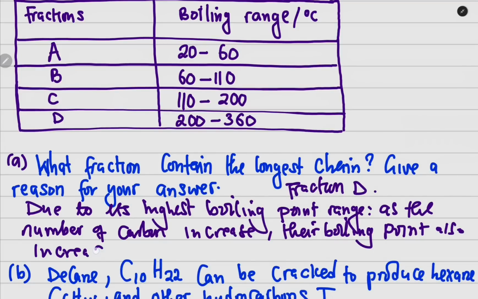Or in other words, you can say an increase in the number of carbon results in an increase in the boiling point. Hence the boiling point range in D, 200 to 360, is the one with the longest chain, because as the number of carbon increases, the boiling point also increases. I hope you've gotten that part.